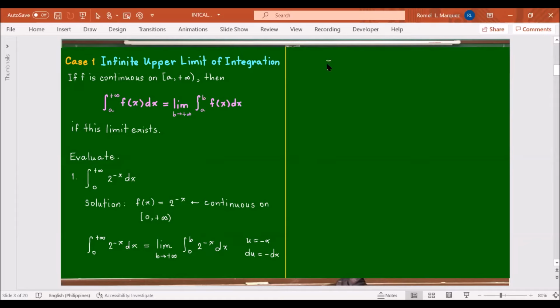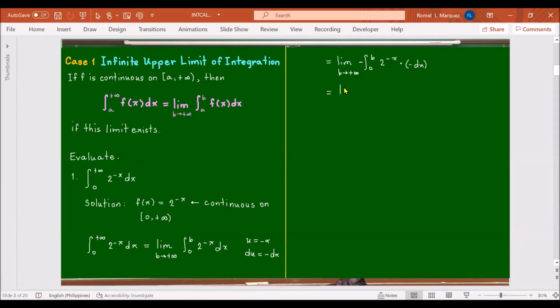So to complete the du, we have to multiply by negative and then balance outside by negative. So getting limit as b approaches positive infinity of integral from 0 to b of 2 to the negative x times negative dx, and then outside of the integral sign, we have negative, okay?